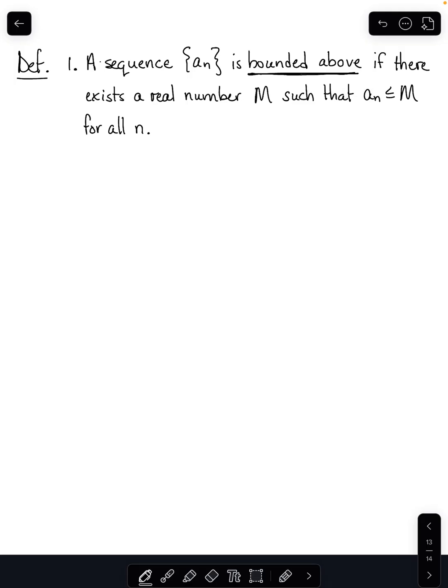What this means is that every term of the sequence is smaller than this thing. No single term of the sequence ever gets above this value. In this case, M is known as the upper bound of the sequence.